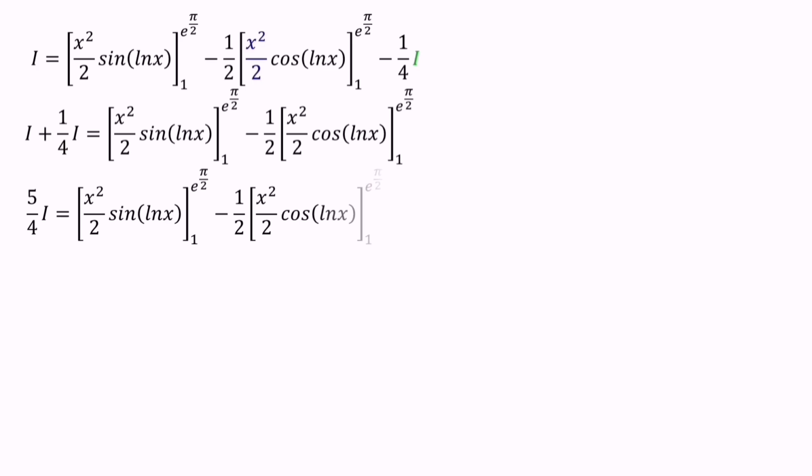Now we need to substitute the upper limit and lower limit. We have upper limit e to the power of pi over 2 and lower limit 1.